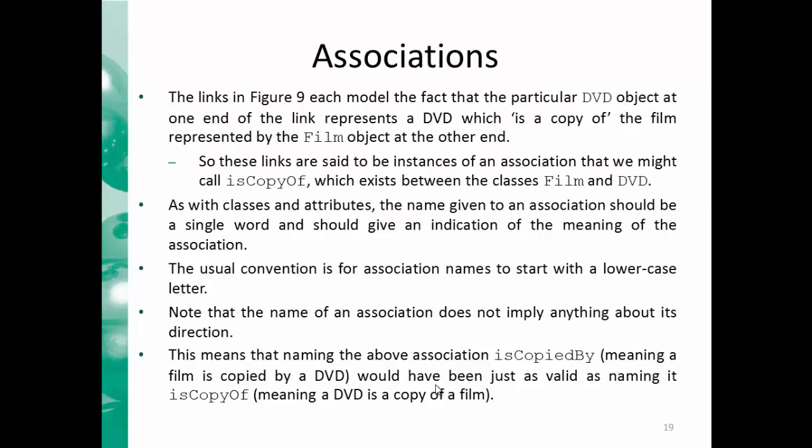As with the case of classes and attributes, we give names for associations, and that name of an association should be a single word and give us an indication of the meaning of that association. In the conventions, the association name starts with lowercase, just like the case of attributes.